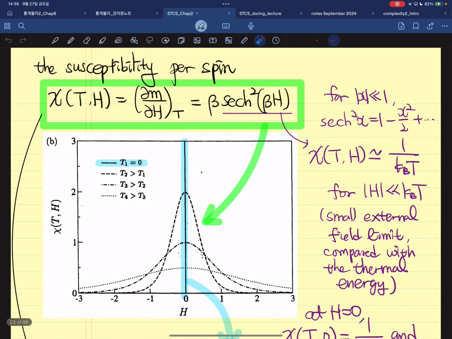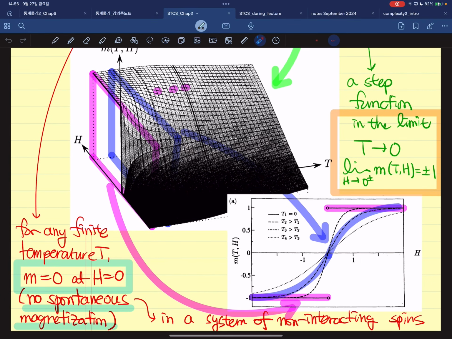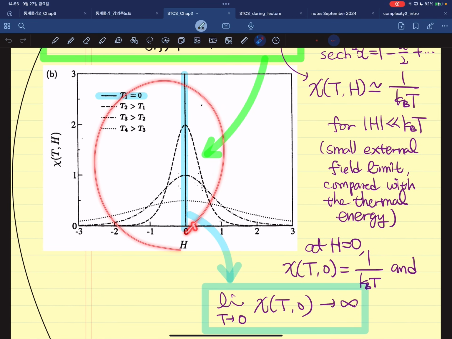It's just like this. The singularity, of course, happens at zero temperature. So at zero temperature, you have this step structure, so the slope is 0 here and 0 here and infinity here. That's precisely what happens in this zero temperature limit.